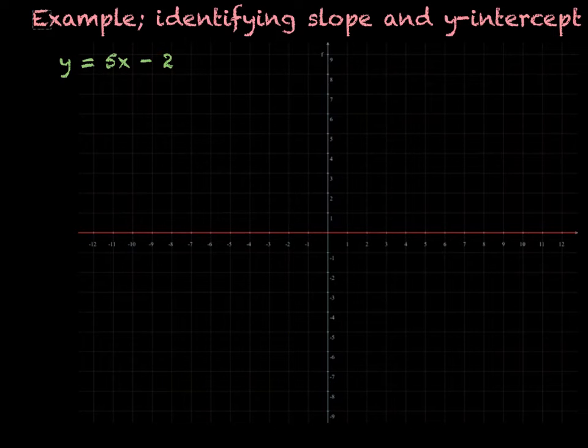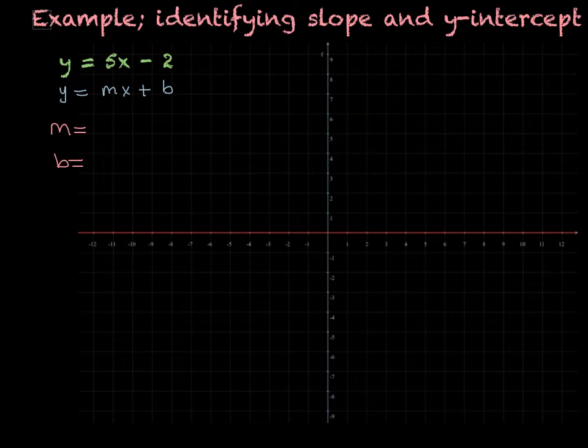Alright, so now we're going to do some examples where we are finding the slope and the y-intercept. Using our slope-intercept form, we're going to identify m and identify b. But in order to do that, we have to recall what slope-intercept form is. So y equals mx plus b.